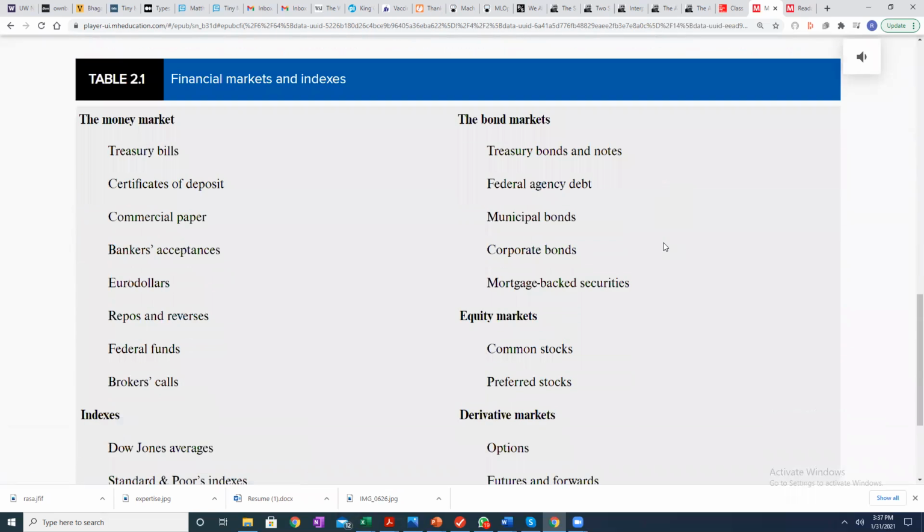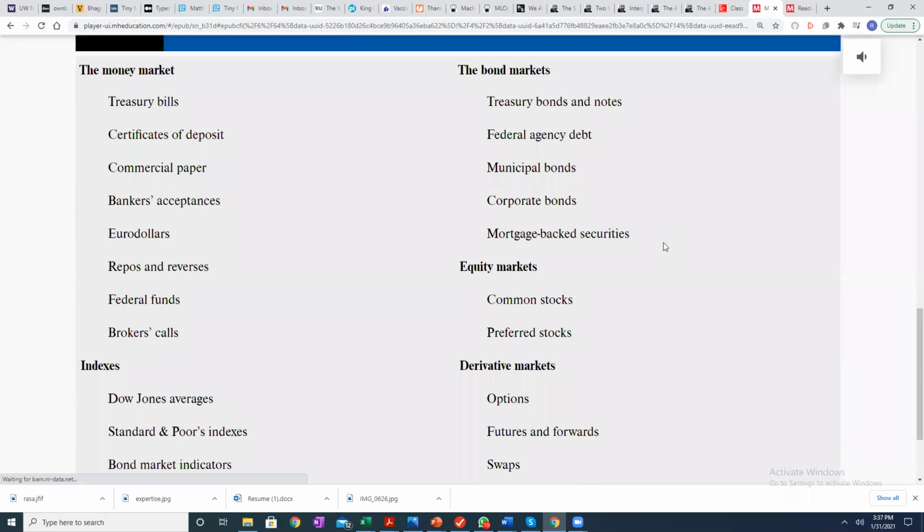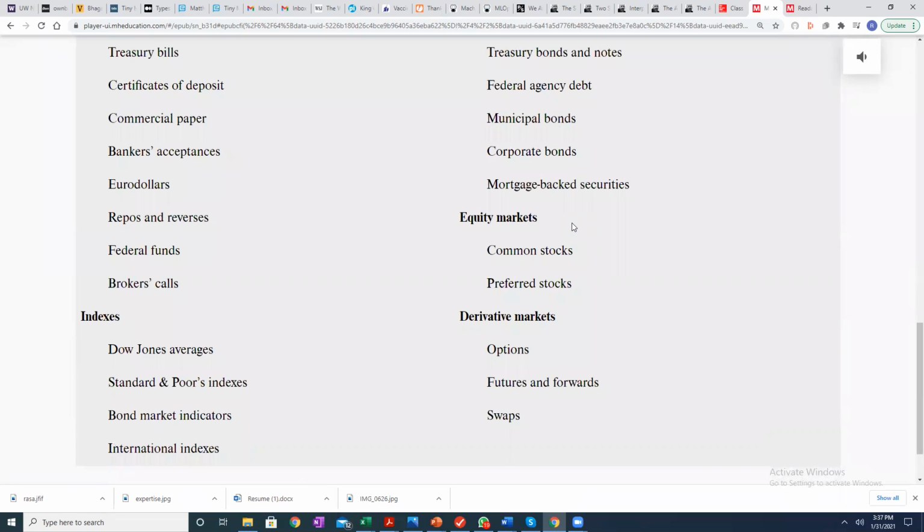So here are some types of financial instruments. The money market has Treasury bills, certificates of deposit, commercial paper, bankers' acceptances, eurodollars, repos and reverses, federal funds, and broker calls. In the bond market, we see Treasury bonds, federal agency debt, Muni bonds, corporate bonds, and mortgage-backed securities, which basically caused the 2008 meltdown of the financial market.